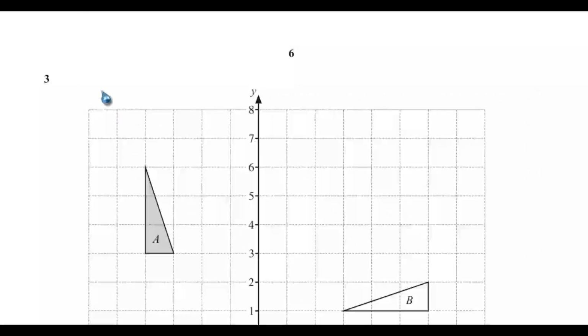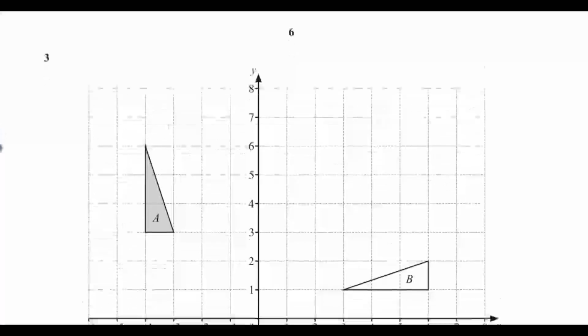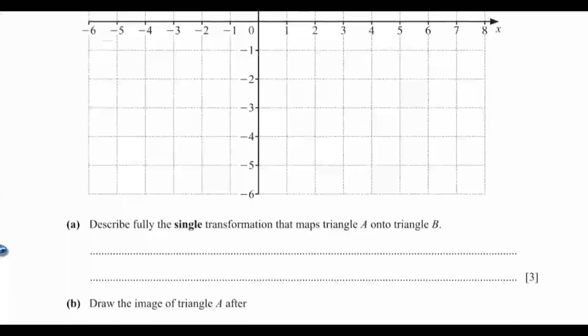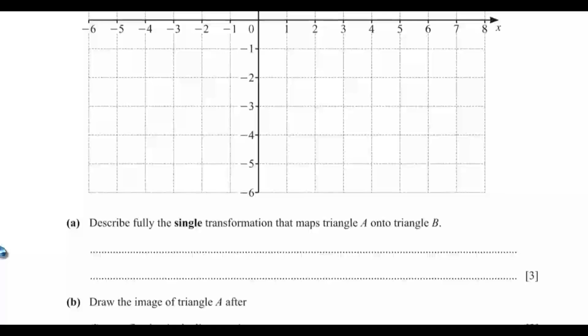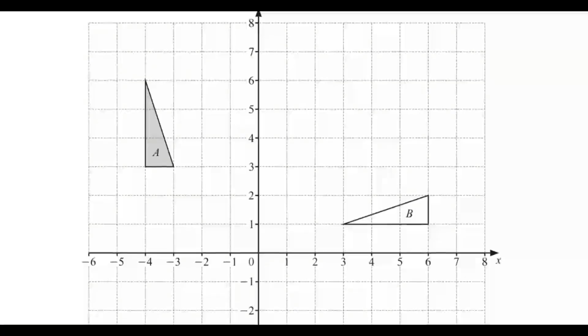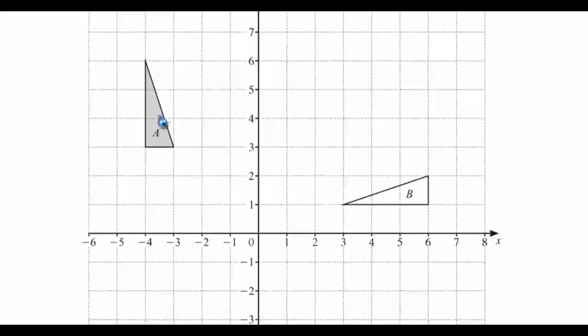Let's go to another question. This is question 3 of paper 058043, October/November 2023. Describe fully the single transformation that maps triangle A onto triangle B, A onto B. So here, let's label the objects.